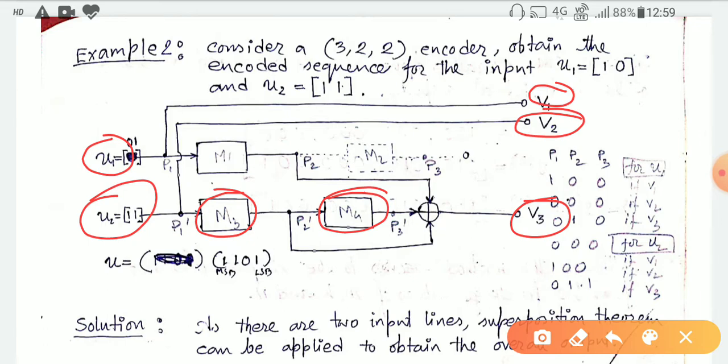For V1, there is no memory unit you have to record. For V2 also, there is no memory you have to record. But for V3, for the minimum path, the number of inputs you have to record is 2. So it is defined as a (3,2,2) convolution code encoder.